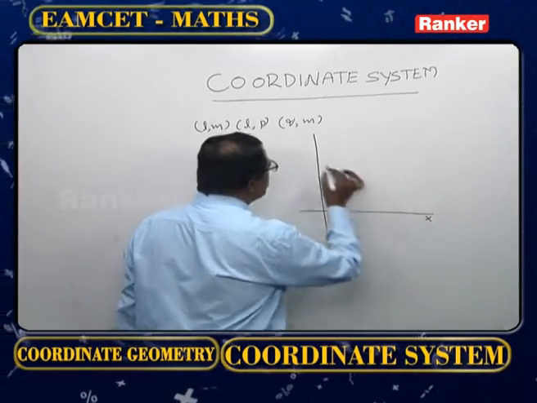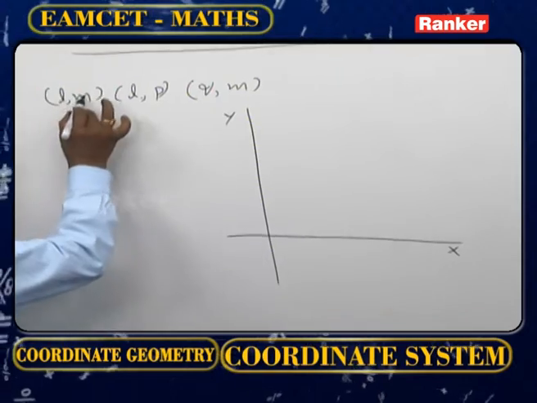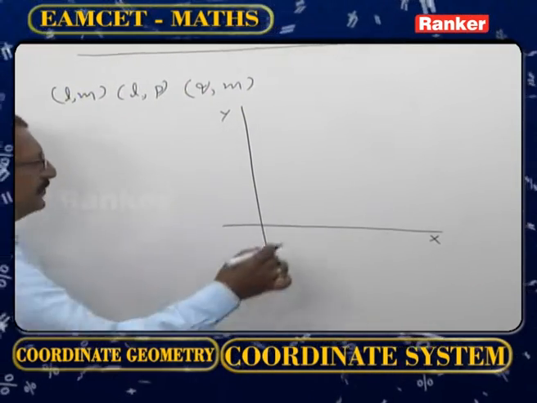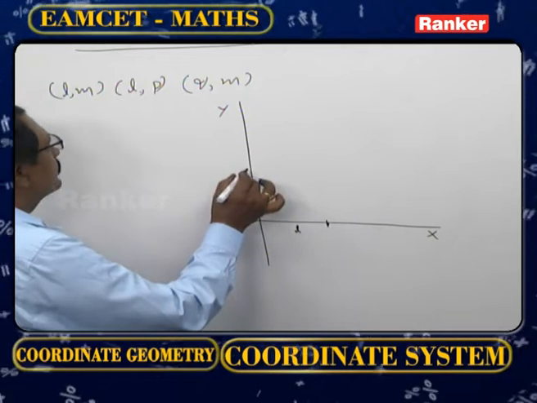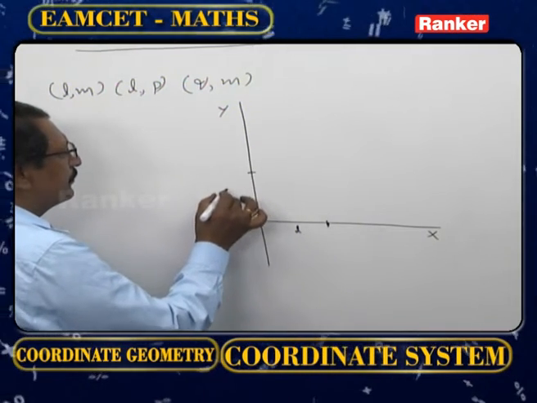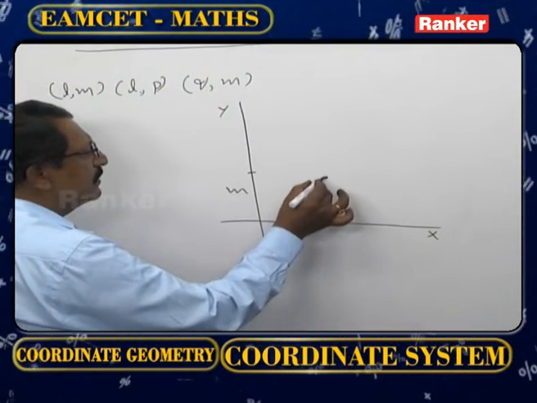Now take x axis and y axis. First point L comma M. On the x axis take a distance L units, on the y axis M units.